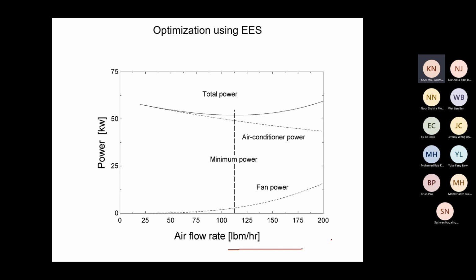For air flow rate and power consumption, the fan power increases with the air flow rate, and the air conditioning power decreases with it. So the minimum is the point that we maintain in our design.